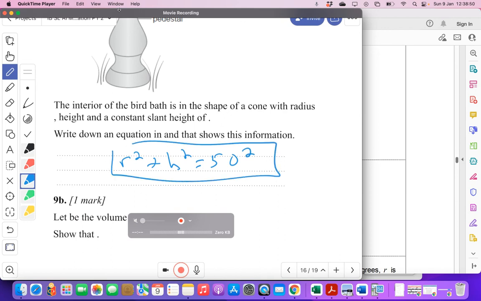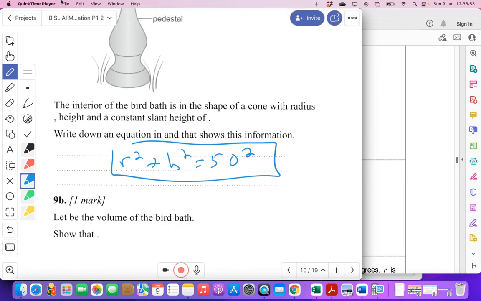Then we're asked to show that the volume of the bird bath is the equation they gave us, in terms of h only. So I need to solve this equation for r and get the square root of 50 squared minus h squared.